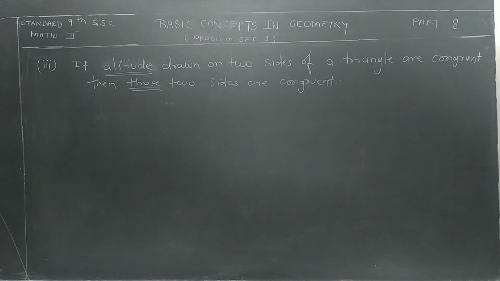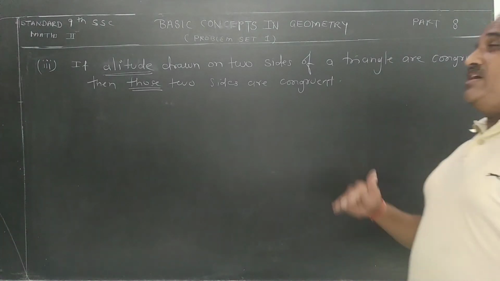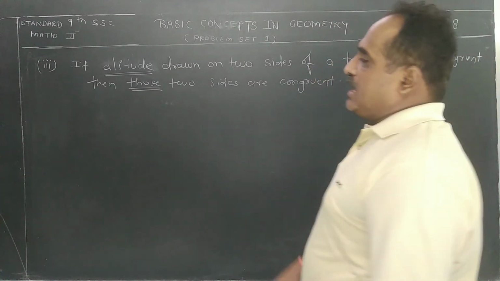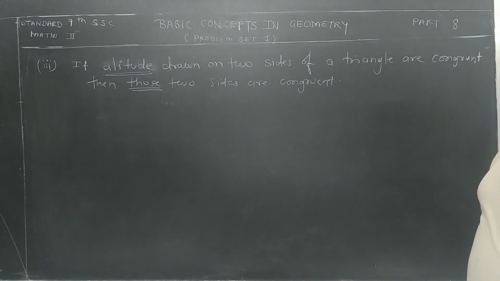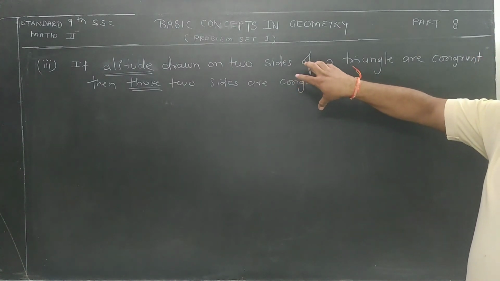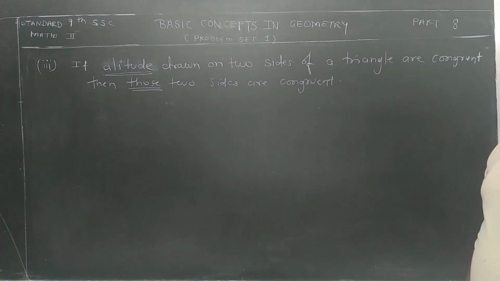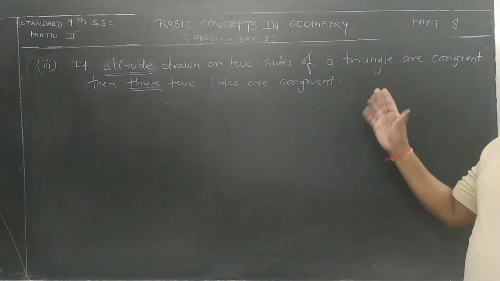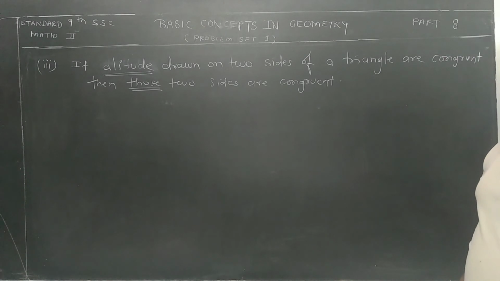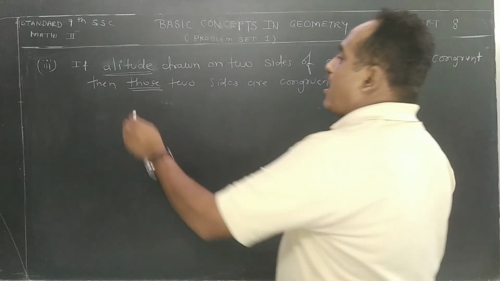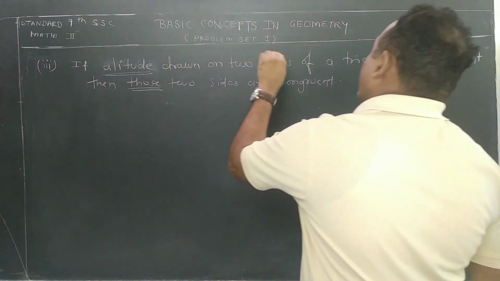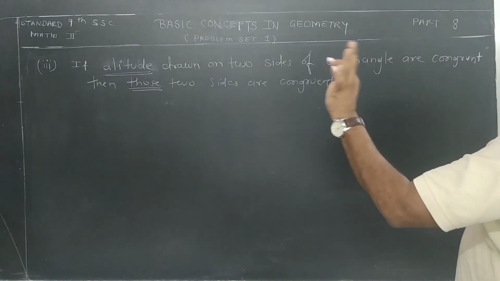At this level, you have to think, student, when you are proving anything, it is very important to draw the diagram. And also see what is to be proved, that is what is the consequent, and according to that we have to draw the figure. They have asked you that if the altitudes drawn on two sides of a triangle, altitude is what?